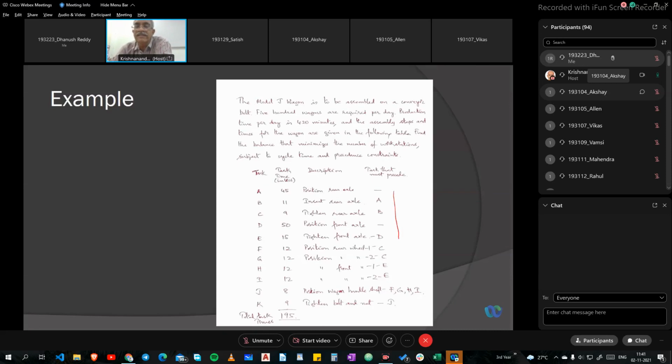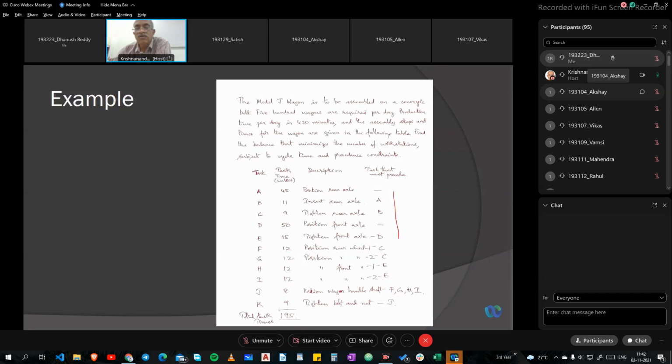In this toy assembly we have around k number of tasks, and for each task there is a detailed breakup of how many seconds it takes. Finally, we found that to assemble a toy you need 195 seconds.